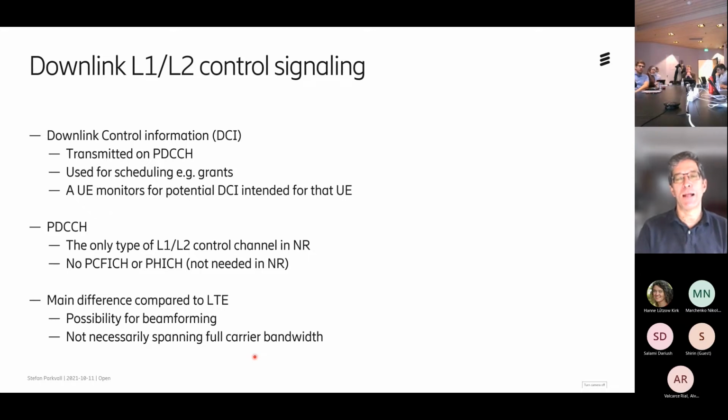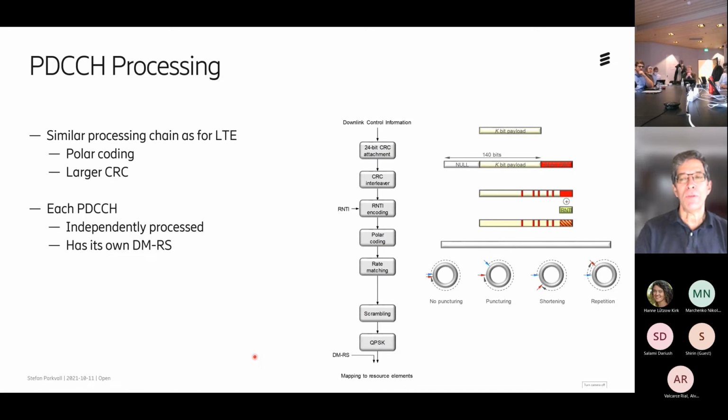There's one downlink channel type carrying this. Of course, there could be multiple PDCCH channels running at the same time in a system, so one shouldn't understand it as just one channel, but one channel type. The processing of one such control channel is fairly straightforward, a little bit similar to LTE. We have the payload, and depending on the type of message and the bandwidth, it varies, but maybe 7 to 80 bits could be a typical size.